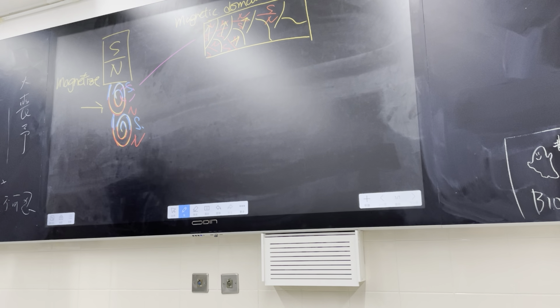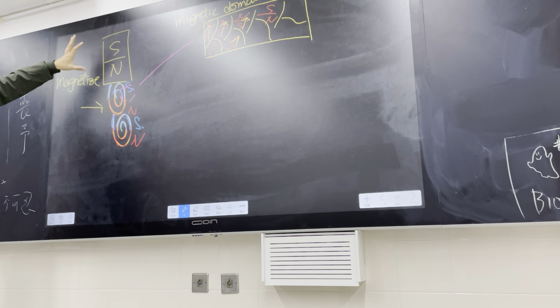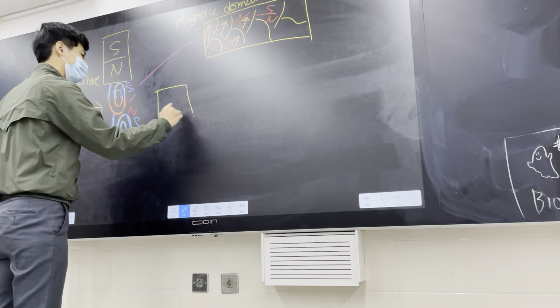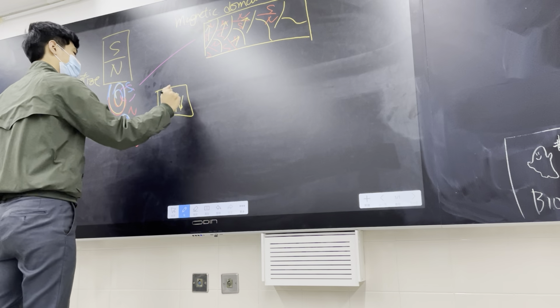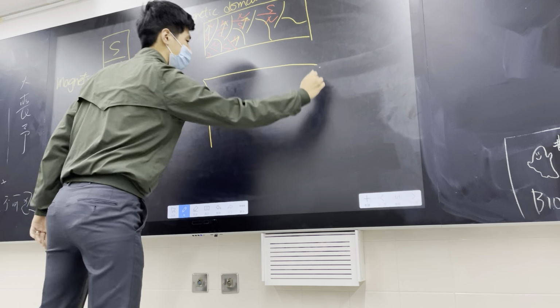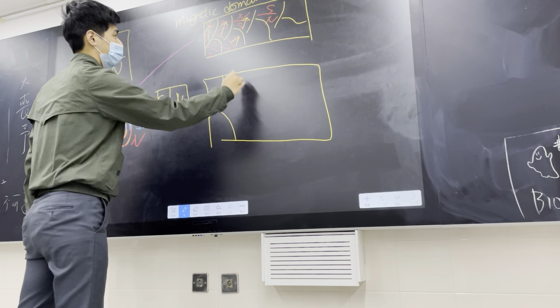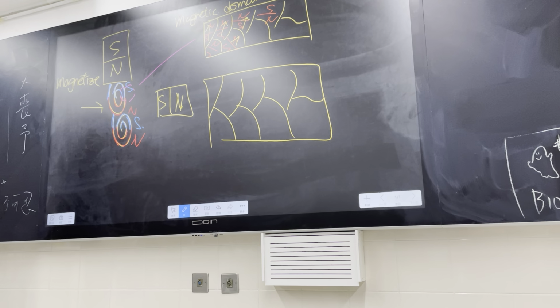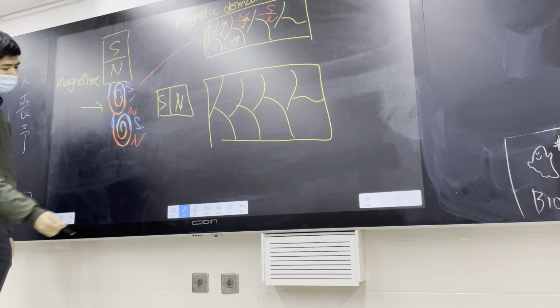Okay, so when you put a magnet next to it, for example a large magnet, what will happen to these domains? They will go to the same direction.